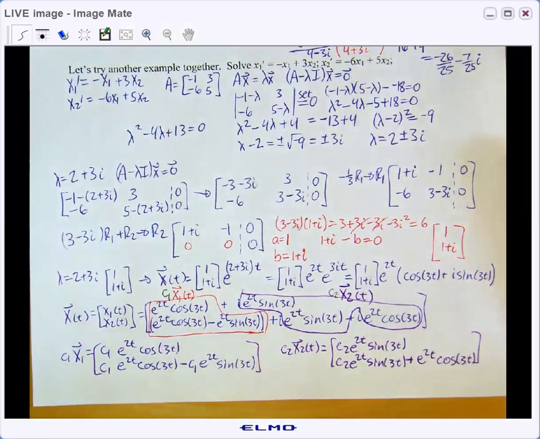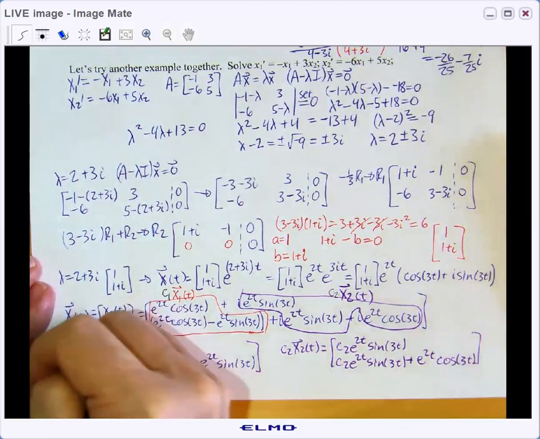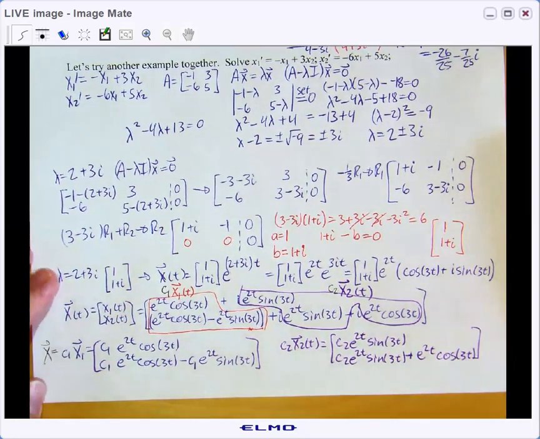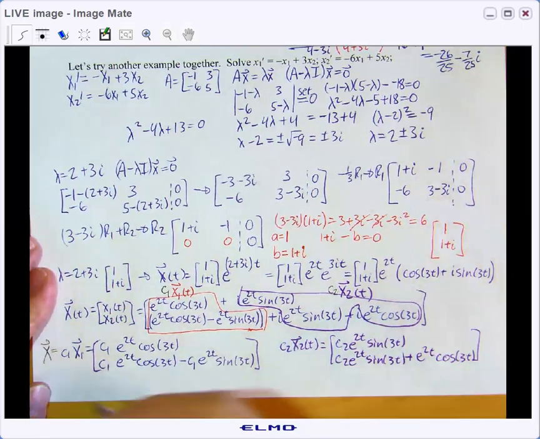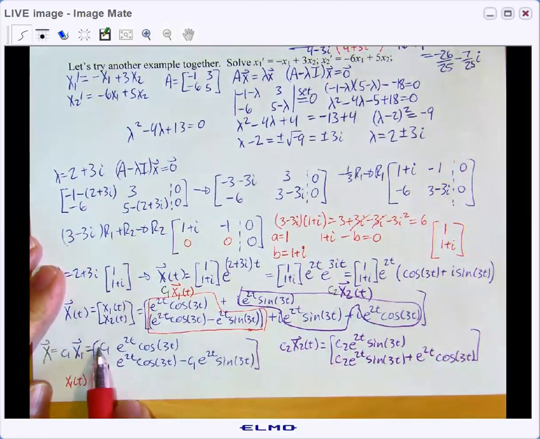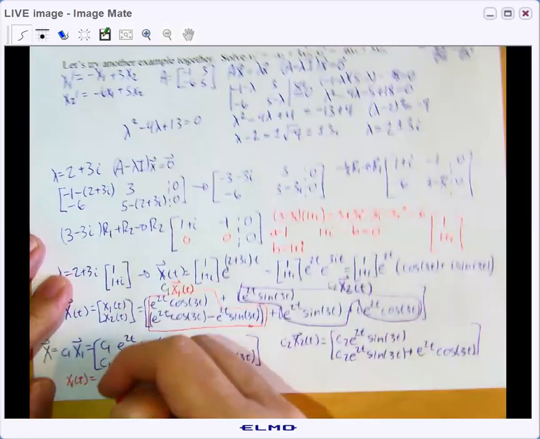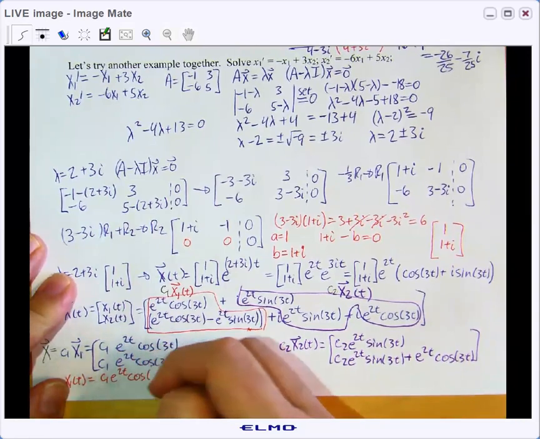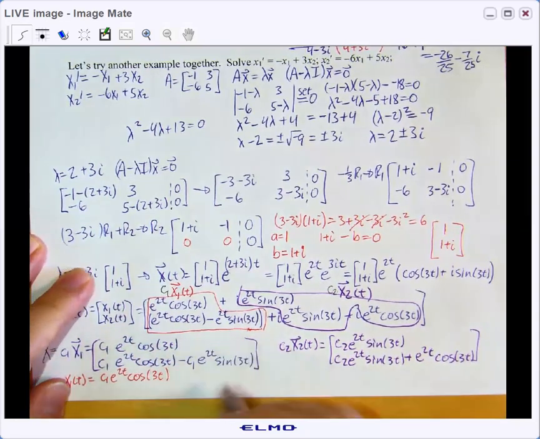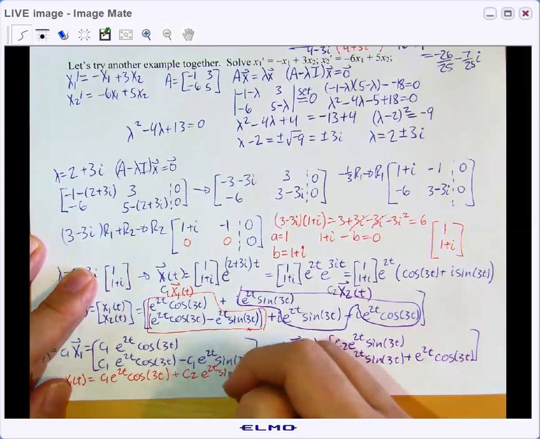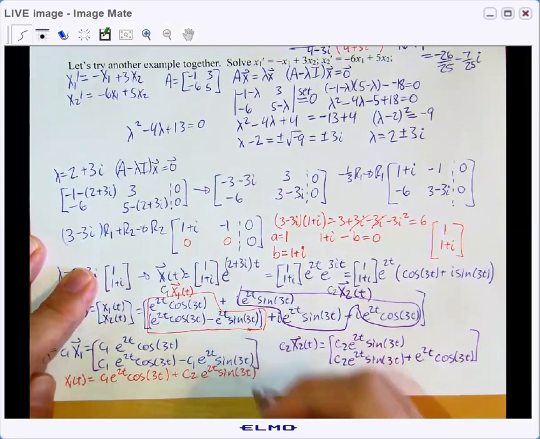But if we wanted to, we could then remember that this was all the big X vector solution, so we could break them down into individual pieces and say that x1 of t is going to be the first component here. So we'll get c1 e to the 2t cosine of 3t plus c2 e to the 2t sine of 3t.